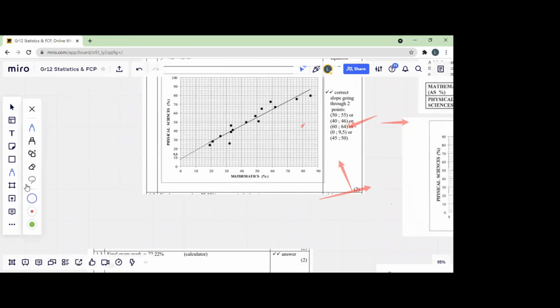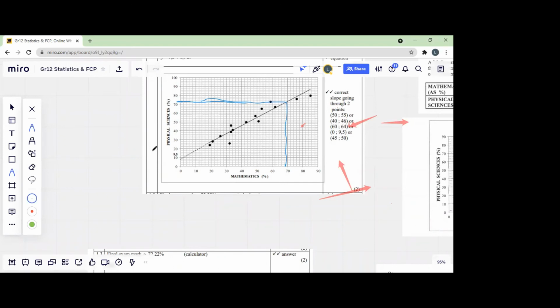Obviously, you would need to get a ruler. So 69% is going to be over here, and you are going to draw a straight line up to the top over there. Then where it touches your least squares regression line, you read that value off over here. So that would be one way.